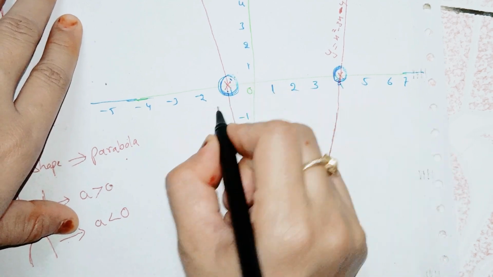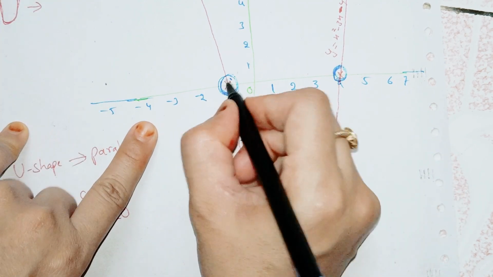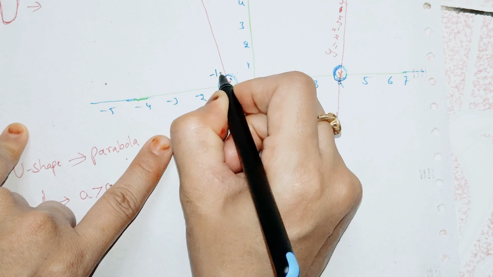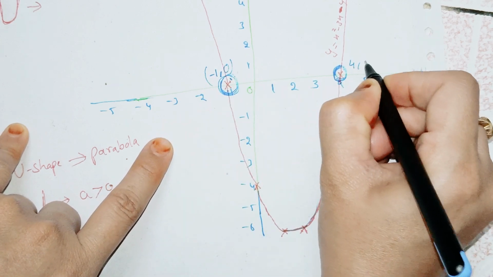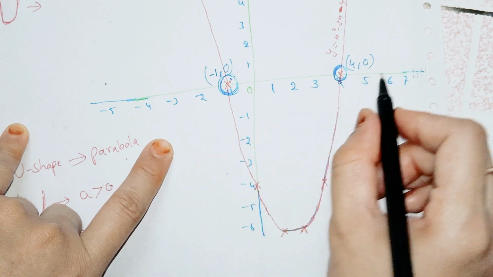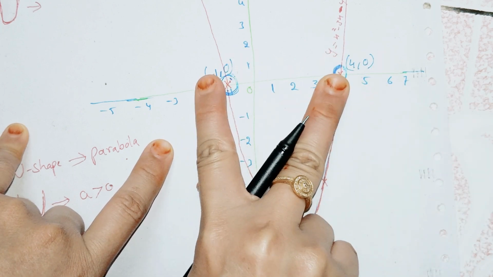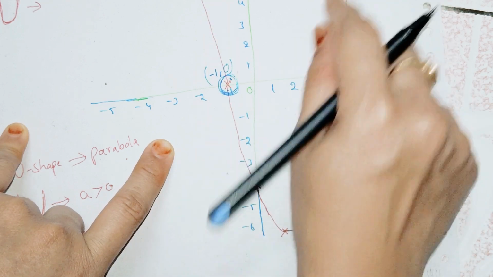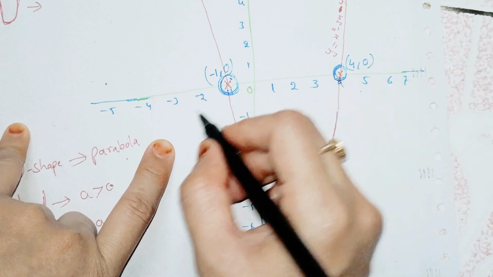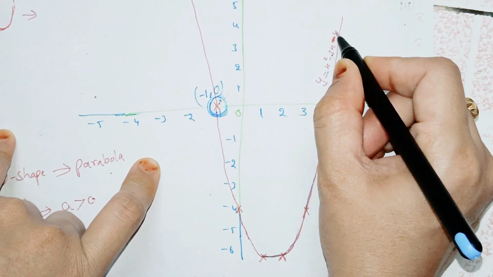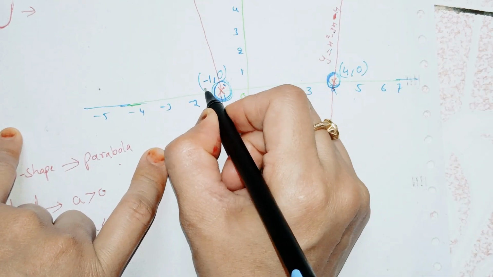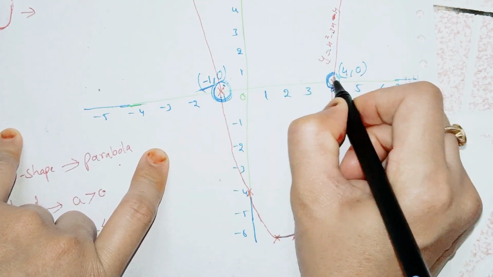So these are our zeros of polynomial. So this is -1, 0. Here this is 4, 0. So at these 2 points, this parabola cuts the x-axis. So the zeros of this quadratic polynomial x square minus 3x minus 4 are -1 and 4.